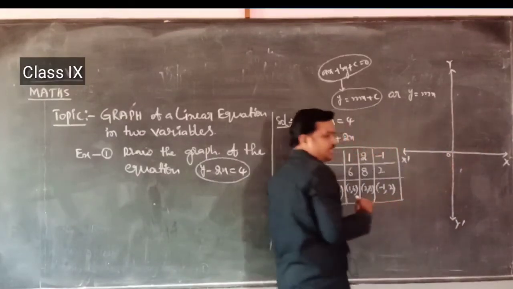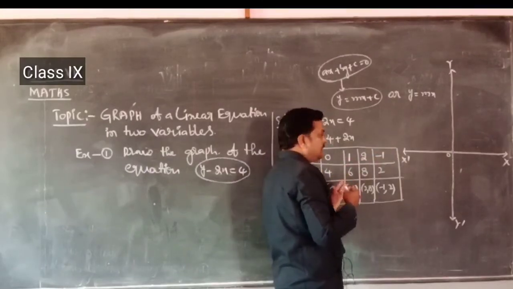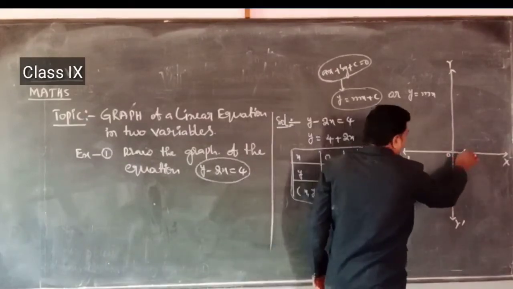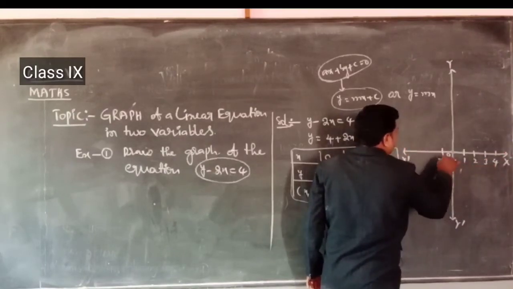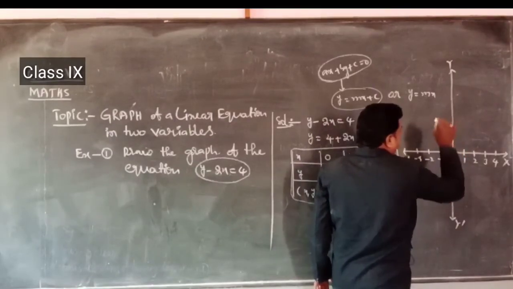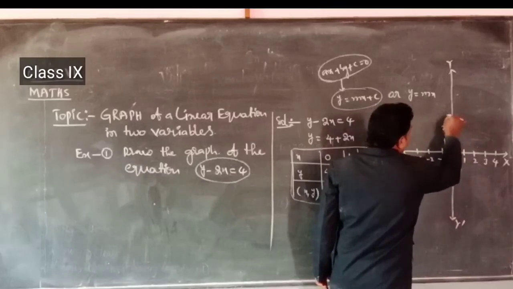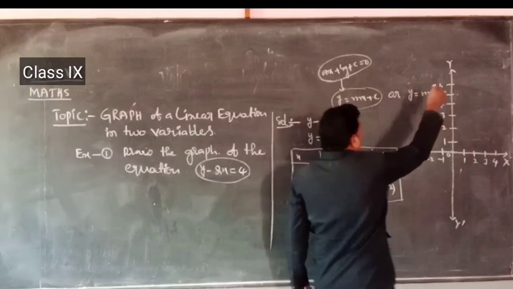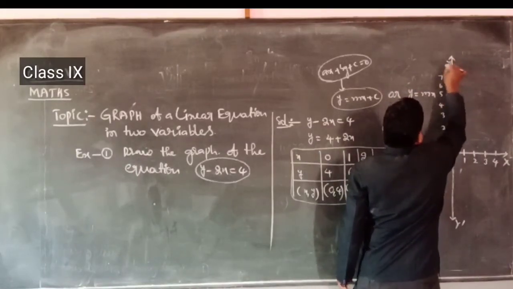Right side of the origin on the x-axis is the positive direction, left side is the negative direction: plus 1, plus 2, plus 3, plus 4, minus 1, minus 2, minus 3. Upside of the origin on the y-axis is the positive direction: plus 1, plus 2, up to plus 8.